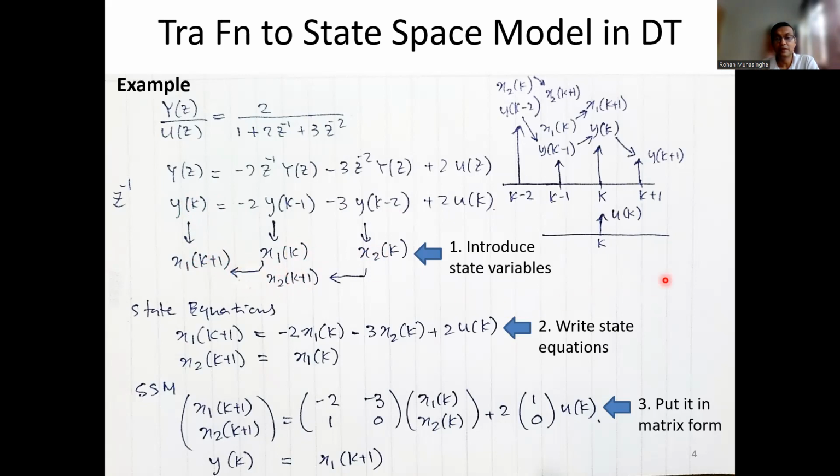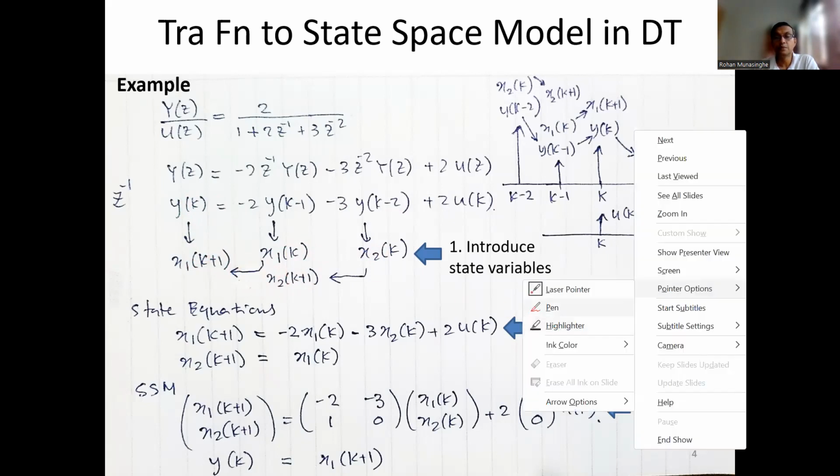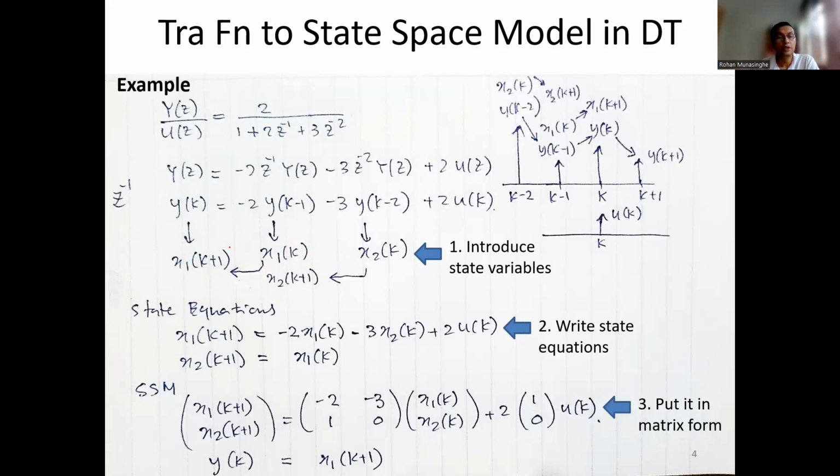Can you see that? You want to get to this format. See here, this one and this one. This is x1 and x2 at k plus 1. What is this? This is x1 and x2 at time k.